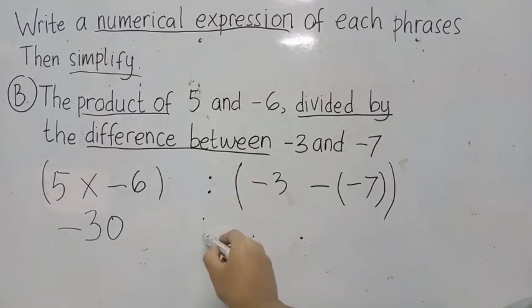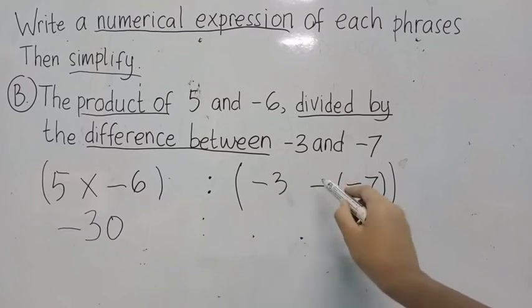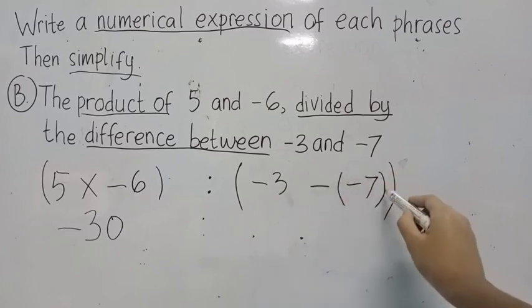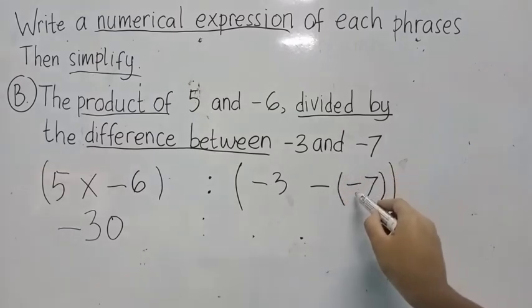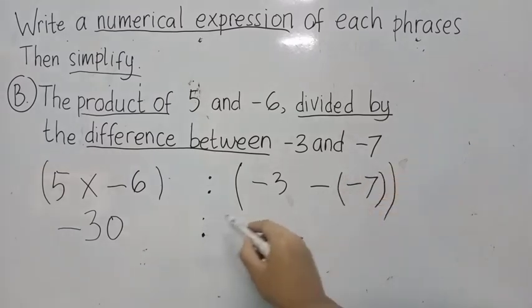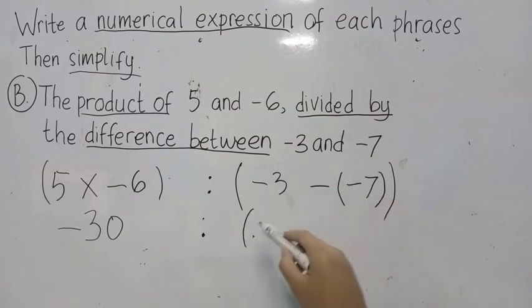Divided by negative 3 subtract negative 7. When negative meets negative, we can change the sign.